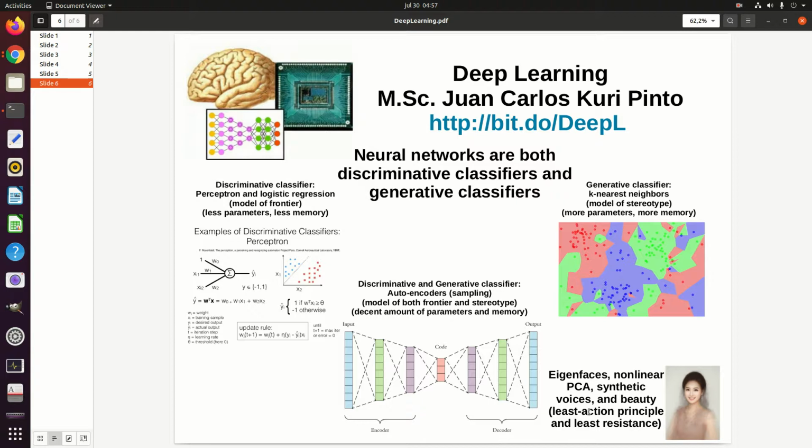When we perceive an actual pattern that resembles our learned stereotypes, we perceive those patterns as beautiful because they cause less neuronal resistance.